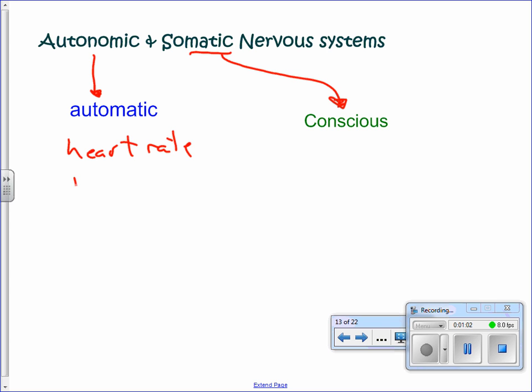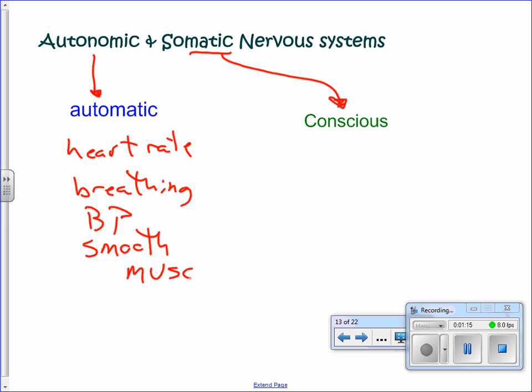Okay, good. Heart rate, breathing, blood pressure, and a lot of this is smooth muscle. You can hold your breath until you pass out, and then you'll start breathing again. So some skeletal muscle things are under conscious control, but yeah, and blinking.